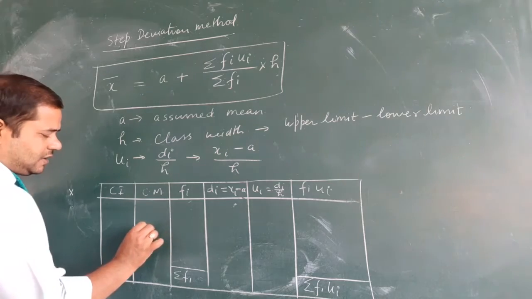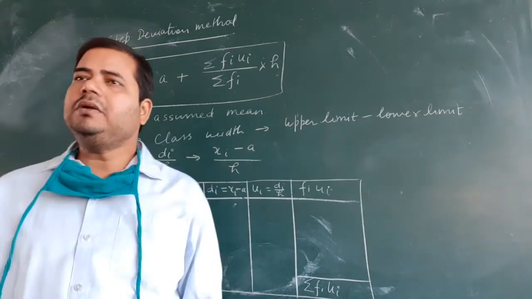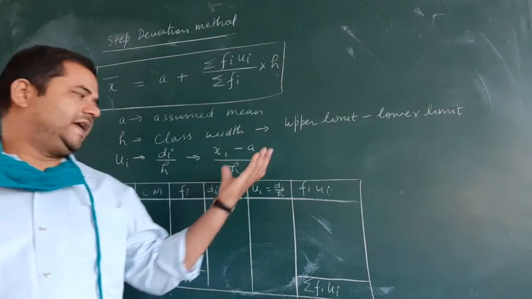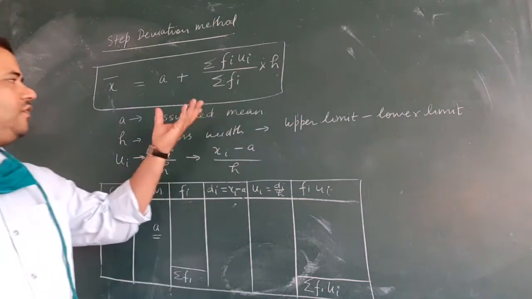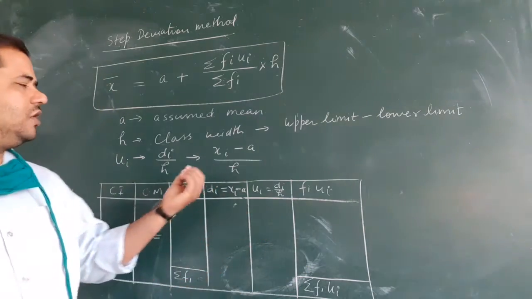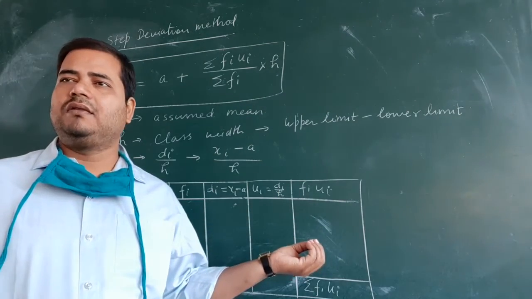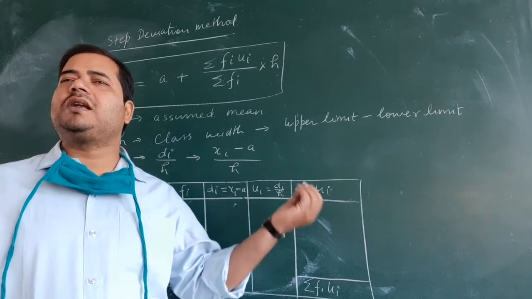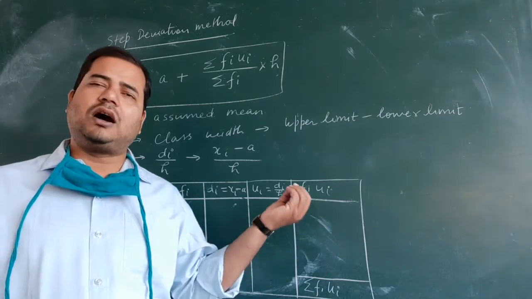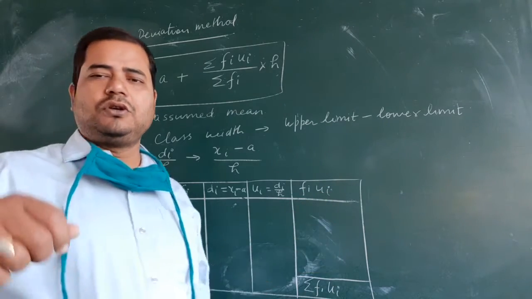Any one of the class marks can be taken as the assumed mean. So this is the blueprint for finding the solution, this is the formula. Only calculation is there, otherwise it is very simple: only multiplication, division, subtraction and addition. Note it down please.